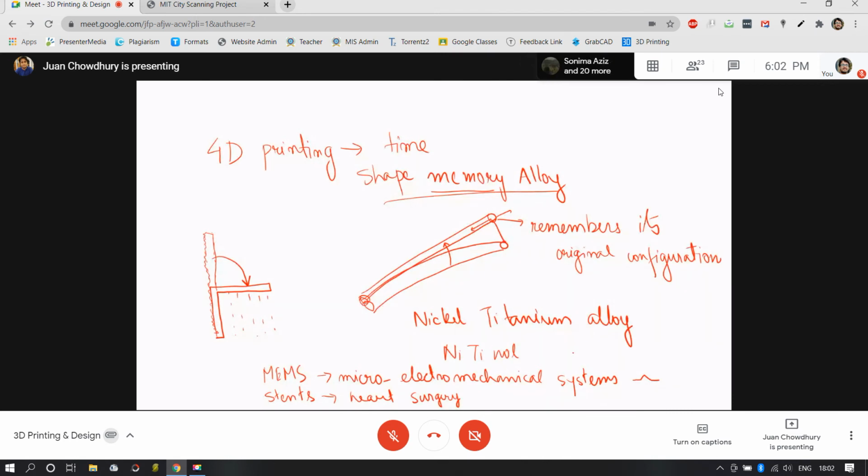If there's a blockage, it will go to that particular location and then extend the diameter of the vein through which the blood flow can now be in a regulated manner. These are called stents, also made of nitinol, nickel titanium alloy, and these are, as I have already talked about, the most industrially applied concepts from the shape memory alloy sector.